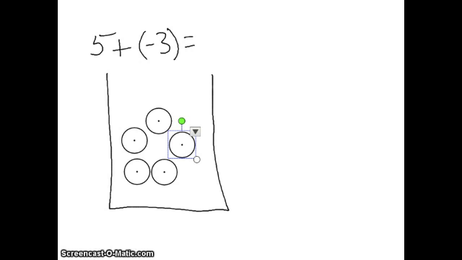And positive is yellow. Let's make it 1, 2, 3, 4, 5. So then what I want to do is add 3 negative chips into the jar.